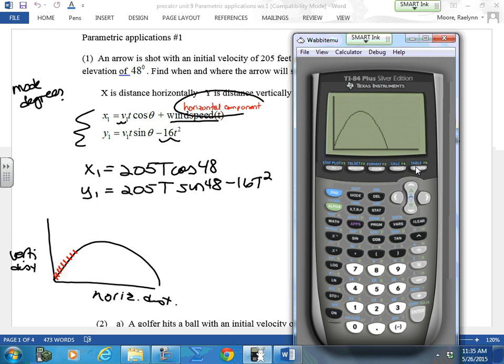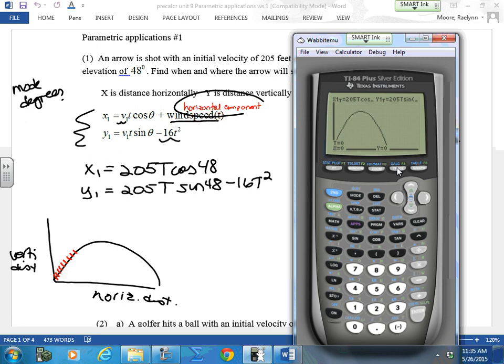Now, my t-step is 0.5 right now. Watch what happens when you hit your trace. It's going to give you all 3 variables: your time, your horizontal distance, your vertical distance.